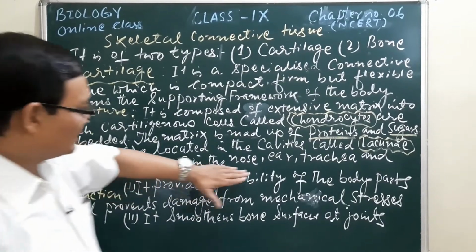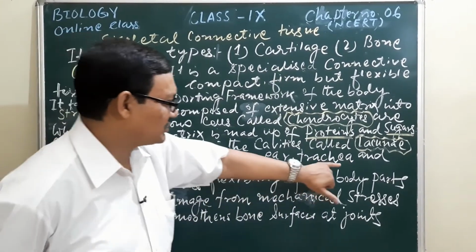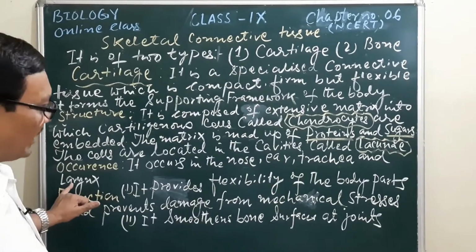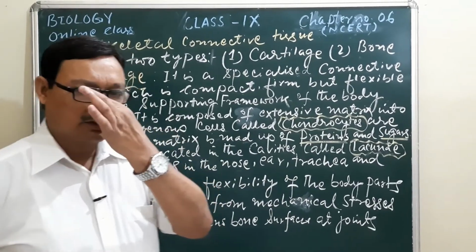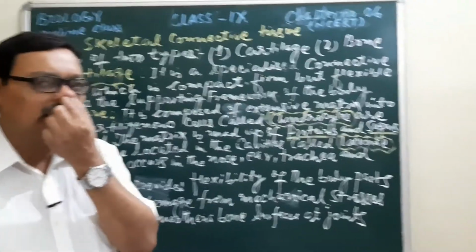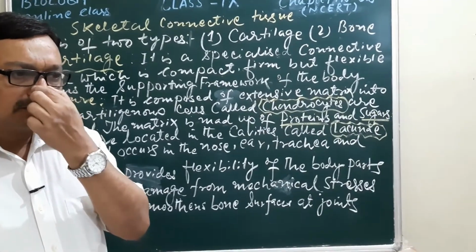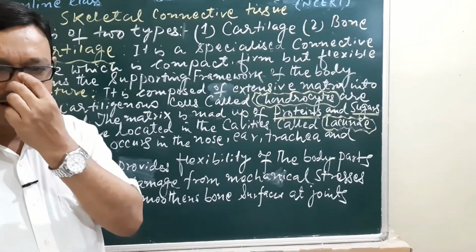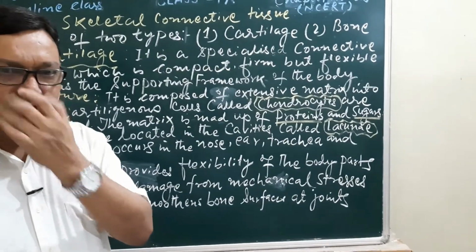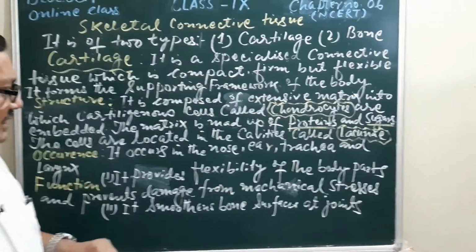Occurrence: it occurs in the nose, ear, trachea and larynx. Here in the nose, the nostrils are separated by a partition, and that partition is made up of cartilage.